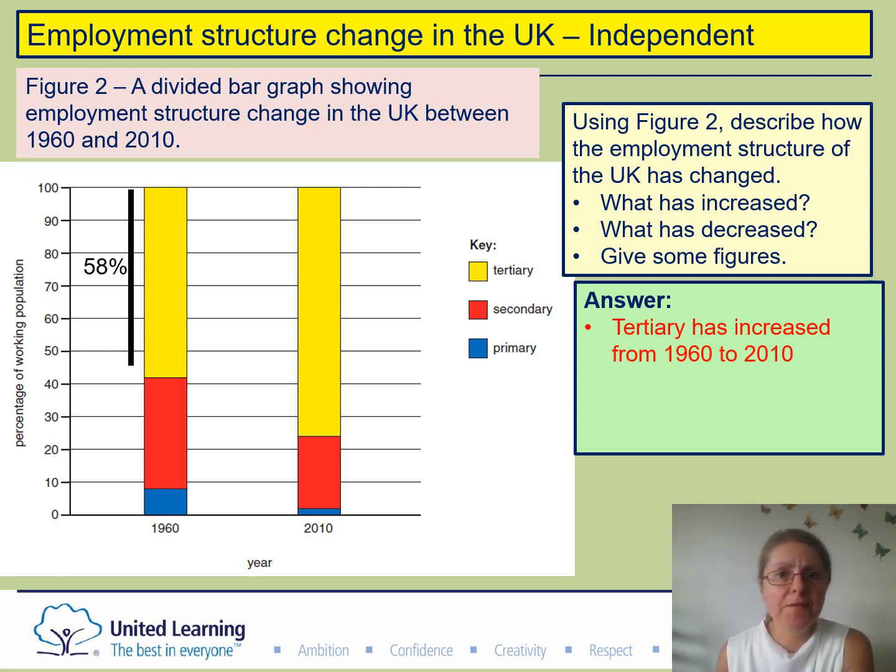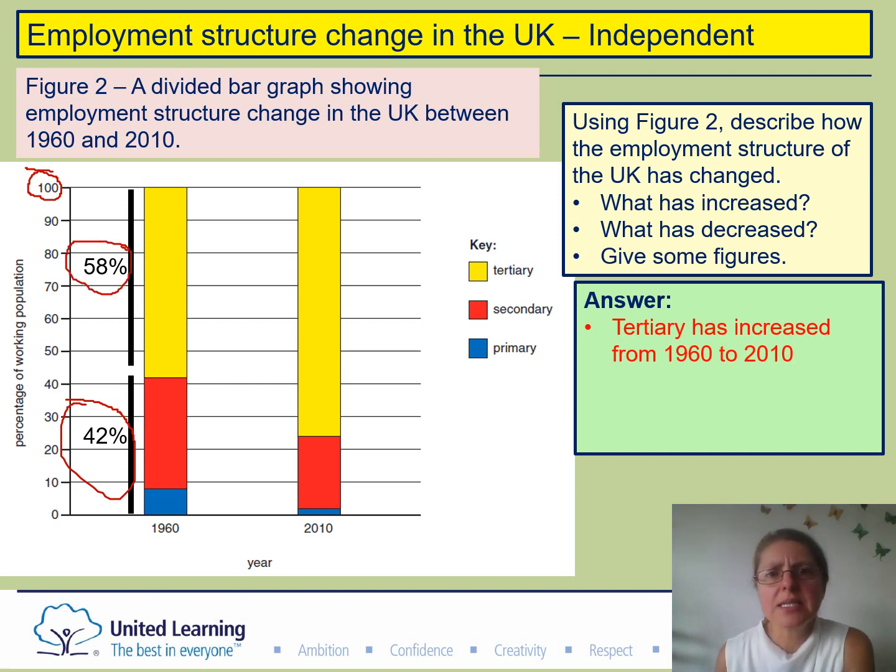It's from about 58% of the population in 1960 and 42% of the population working in primary and secondary industries. How do we work that out? Well, if you have 42% here, and the tertiary sector goes all the way up to 100, we know that it is 58% of the population.